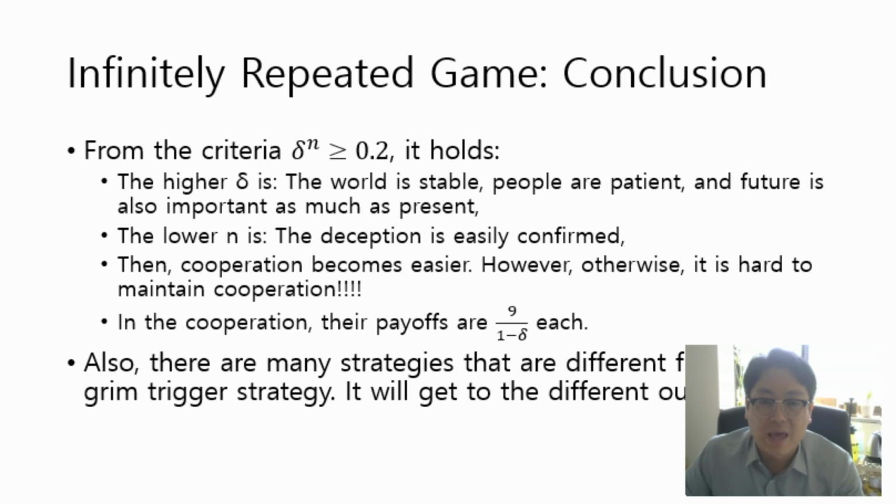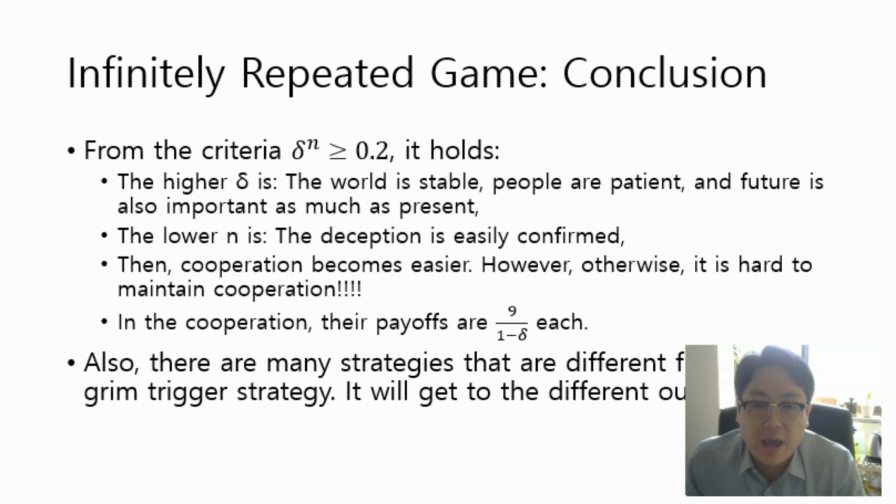Also, if we look at n, the lower n is, the higher that number gets, right? Because delta is less than 1, if we keep multiplying, that number is exponentially decreasing. So the lower n is, the more easily deception is confirmed. This is a very credible society, and each player can see that another player is really abiding by the rules they have, something like that.